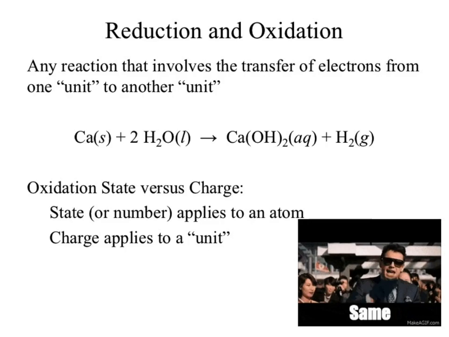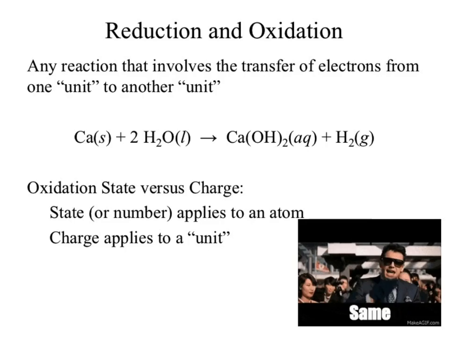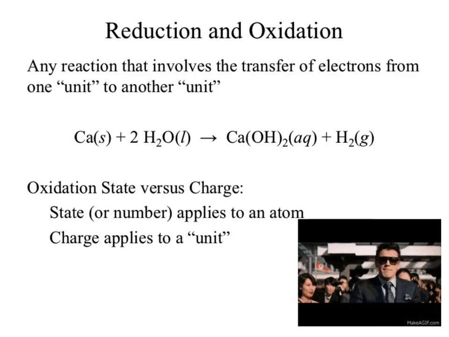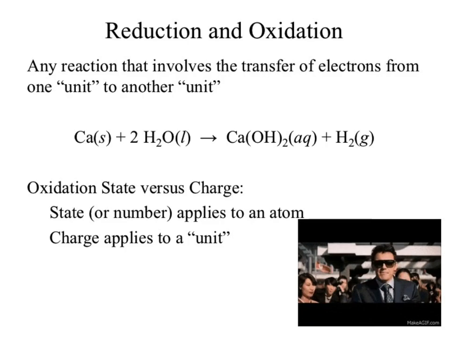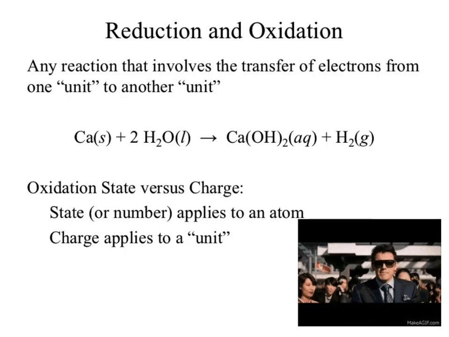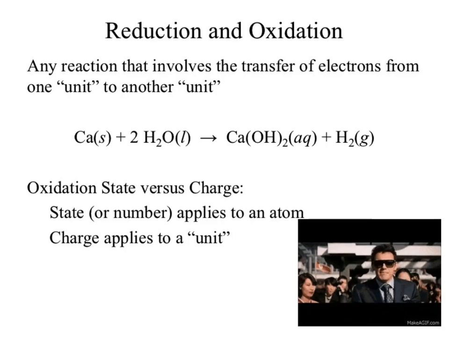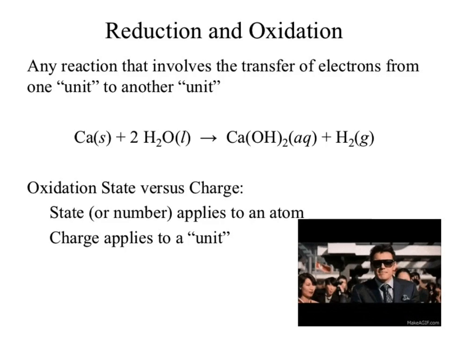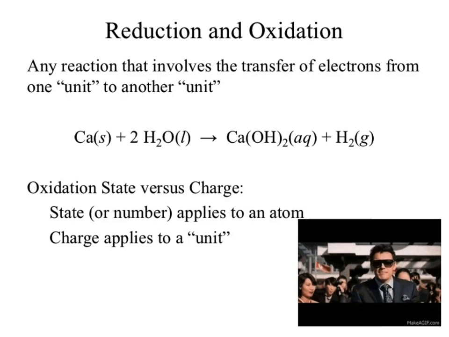What is the symbol for an electron? E. I see the letter. Do I see the letter E? No. Are electrons in the equation? No. Interesting. Electrons do not show up in the equation, and yet somehow, what is calcium doing?